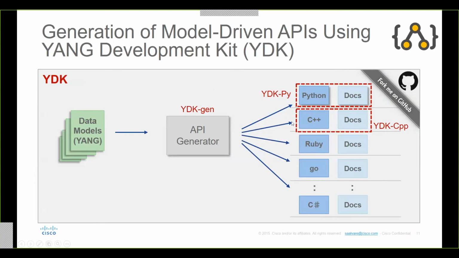Excuse me, from a user perspective, it would be less likely that you would use the generator. The generator is basically used to generate APIs from source YANG files. Some people may want to do that, but for most people, all you want to do is basically use the libraries and the bindings that we already generated.